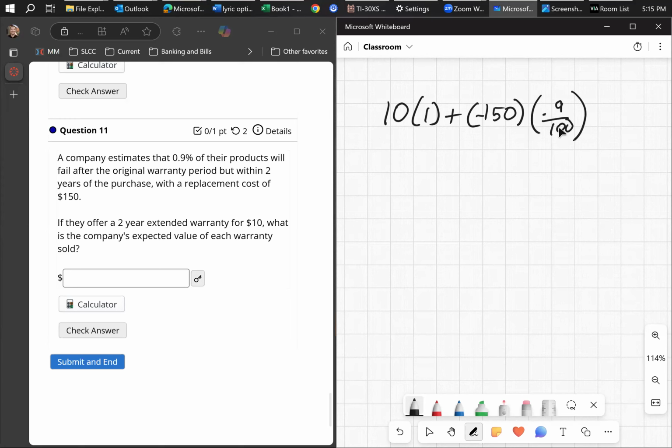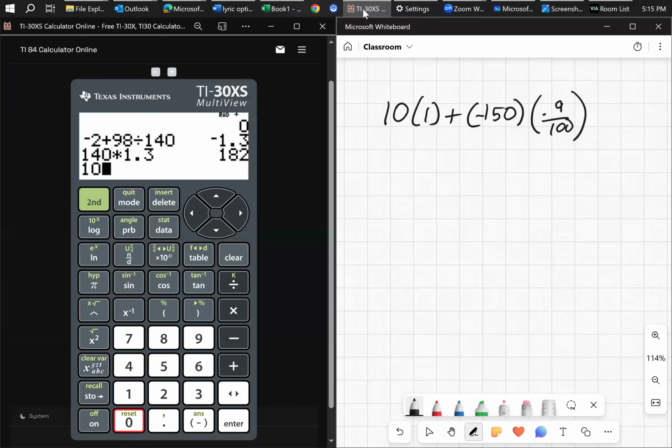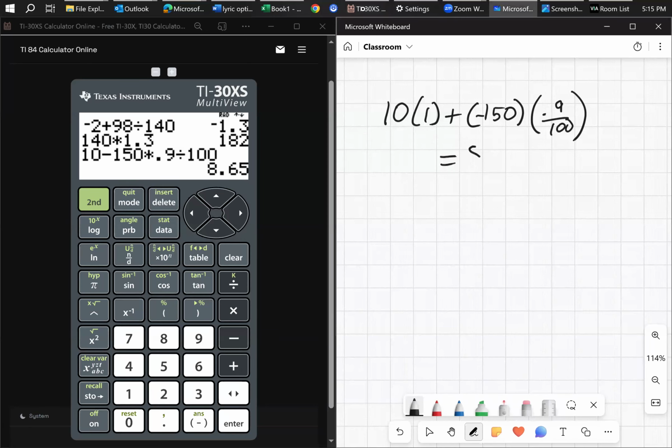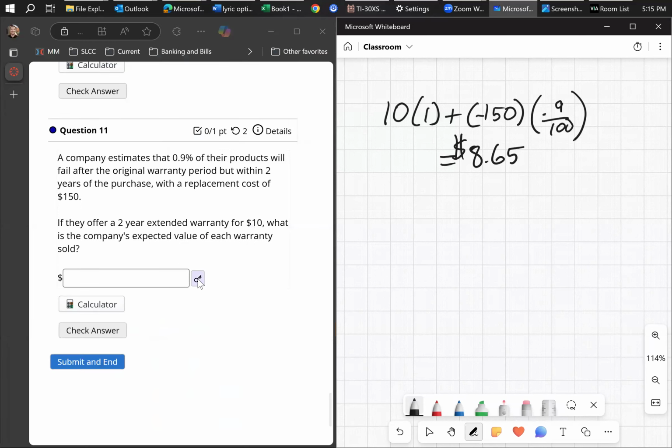And so here I have the percent as a divide by 100. 10 minus 150 times 0.9 divided by 100. 8.65. They expect to make $8.65 for every $10 extended warranty they sell.